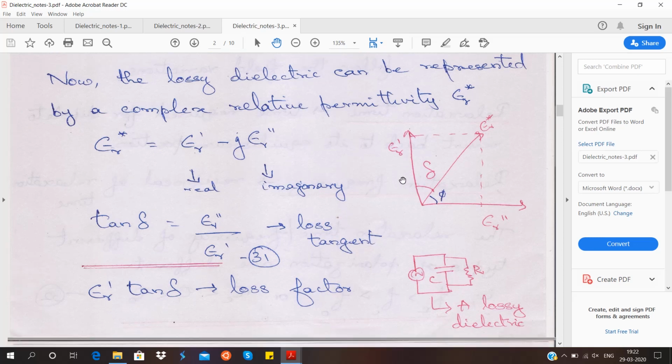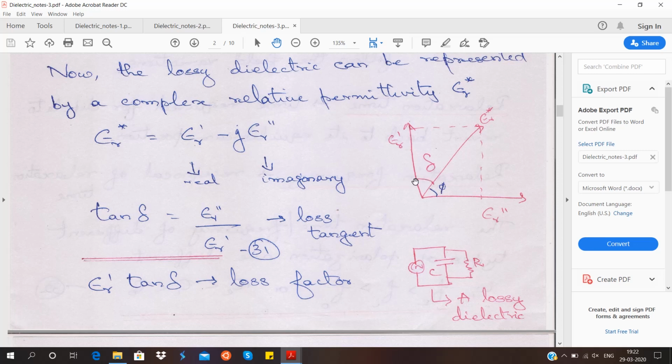I can again define delta, the loss angle, and tan delta, the loss tangent. So tan delta is epsilon r double prime divided by epsilon r prime.